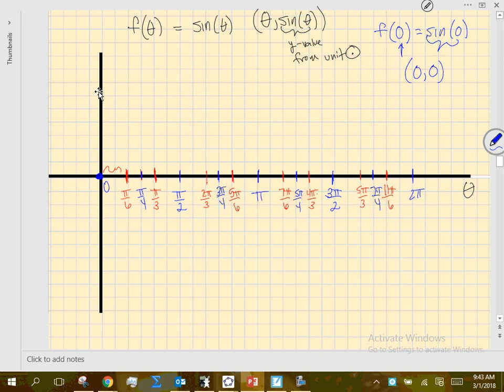Now when you do this, give yourself some room. I don't want to put 1 right there. Does that make sense? Go to the top, because you're not going to be above that. So go to the top of your y-axis and put 1. So we're going 1, 2, 3, 4, 5, 6. I'm going to use 8 blocks here for my 1. And then 1, 2, 3, 4, 5, 6, 7, 8.